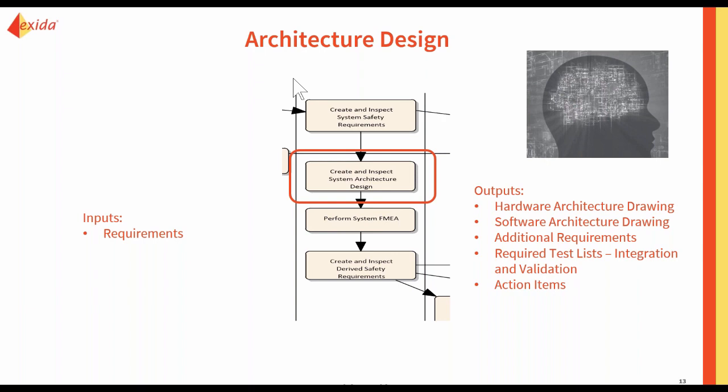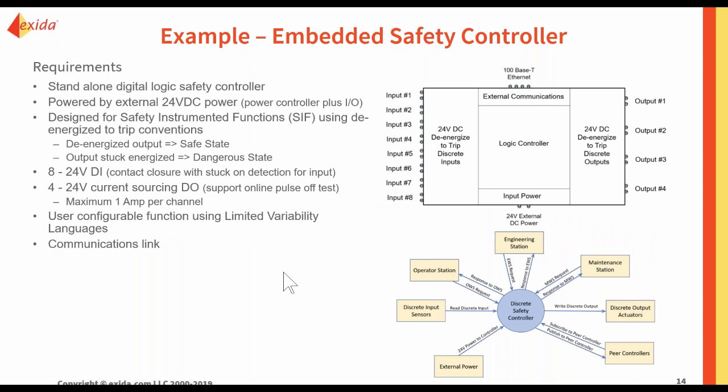So if we do a good job in this step, we will do a lot to not only create the architecture, but define the testing and document the architecture. And of course, any step has action items, things that must be followed up and tracked till closure to make sure the quality is maintained.